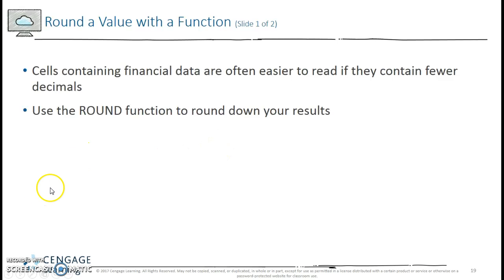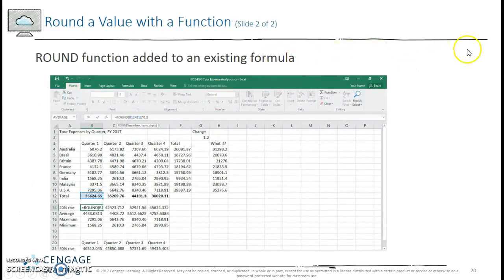Cells containing financial data are easier to read than those that contain many decimals. You can use the rounding function to round down your results, to make it easier visually for you to see. Let me go back.